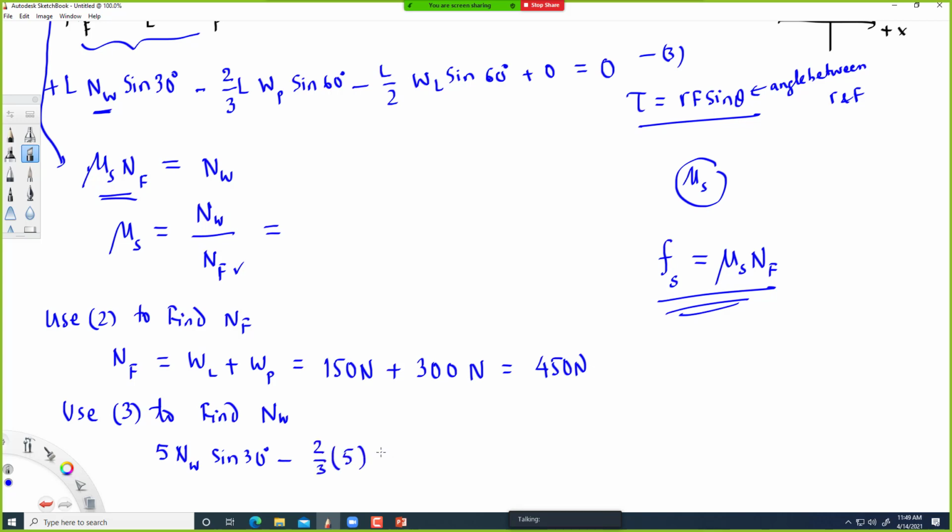Weight of the person is 300 Newton, sine 60, minus length of the ladder 5 over 2, weight of the ladder is 150, sine 60 is equal to 0. So everything here is known except NW.